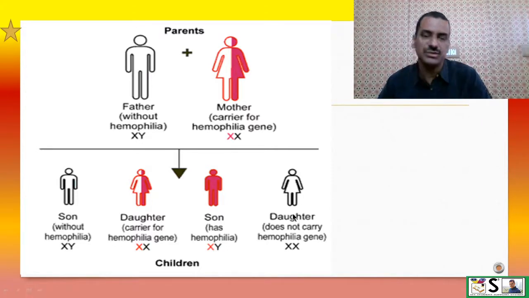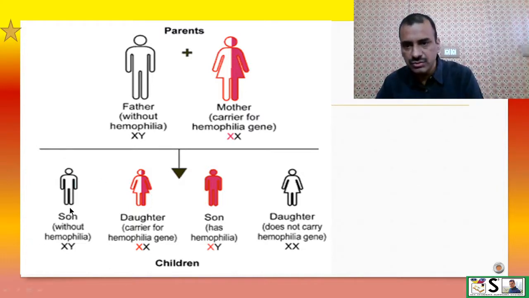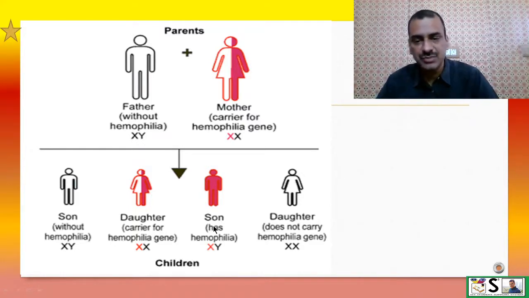So 25% of daughters will be healthy and 25% may be carriers, while 25% of sons will be healthy because this Y chromosome is healthy and this X chromosome is healthy. But when this Y chromosome combines with this X chromosome, then 25% of male children will have hemophilia.